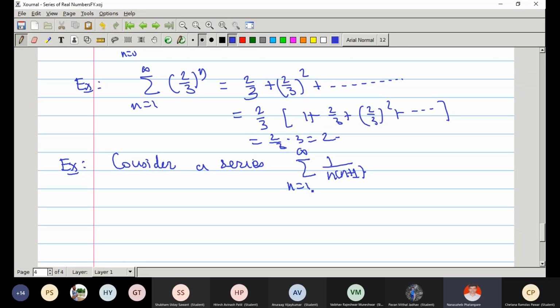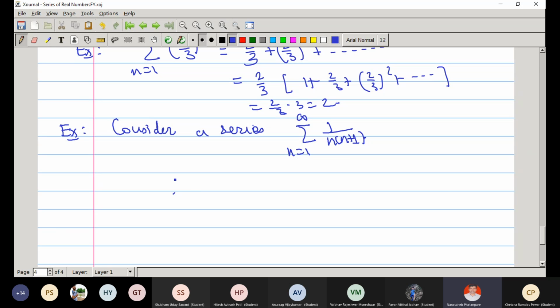Now we want to discuss the convergence of this series. Discussing the convergence means we have to check whether the sum is finite and what is the number to which it converges.